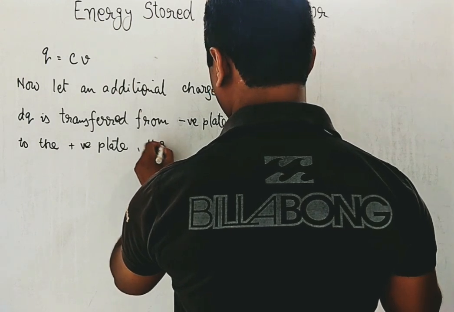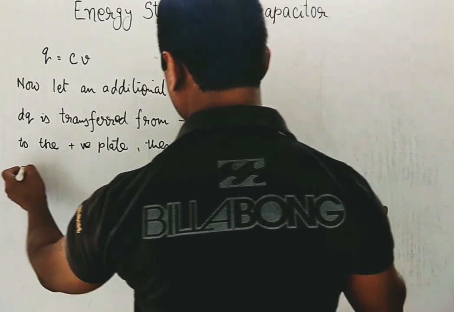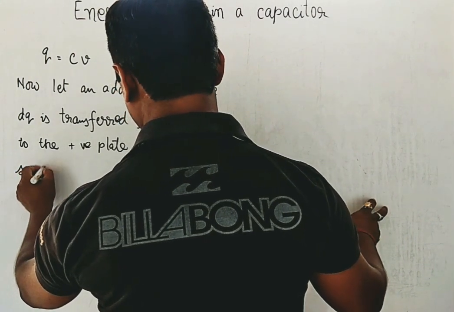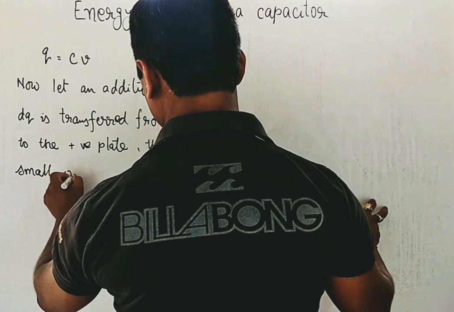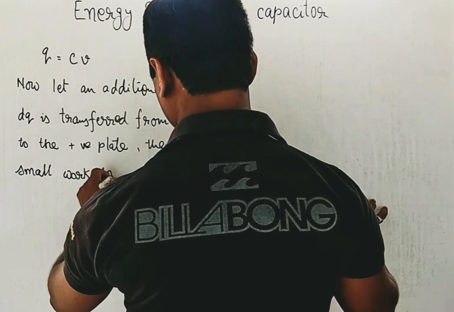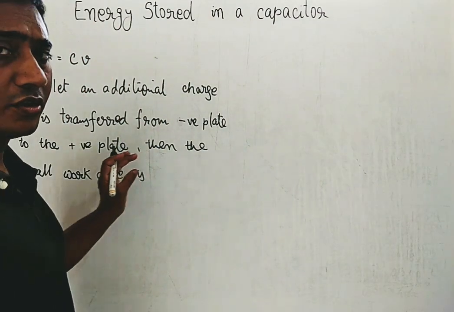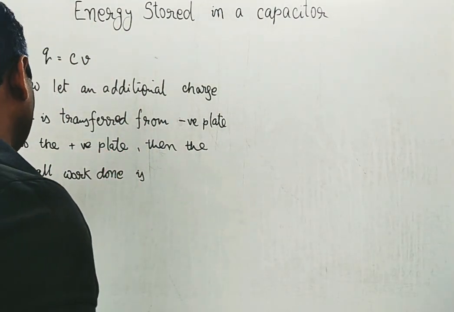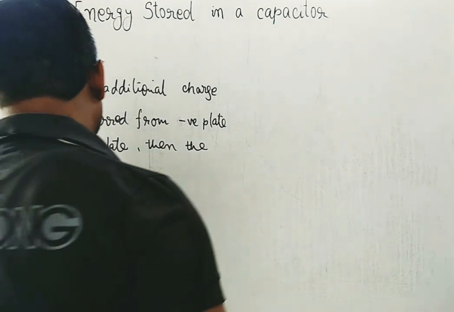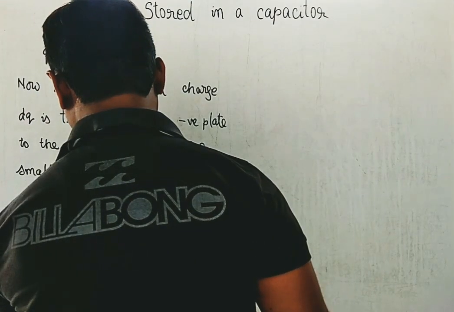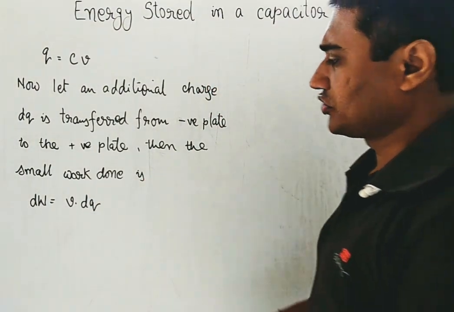Then the small amount of work done is, so how do we write work done? That work done will be dW equals V into dQ. This is from the very basic definition of electric potential.